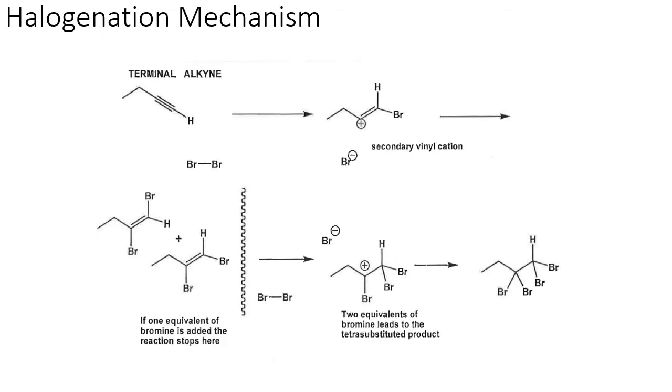So this mechanism should look really similar to the one that we just covered. It essentially follows the same series of steps. So we're starting with our alkyne that has 2 degrees of unsaturation, and it can react either once or twice depending upon how many equivalents of our halogen are used. So in our first step, we have our nucleophilic pi electrons of our alkyne that are going to attack our electrophile.